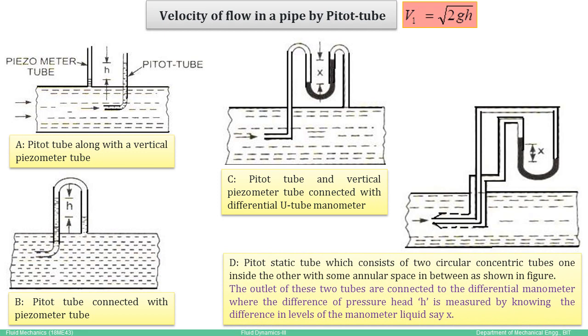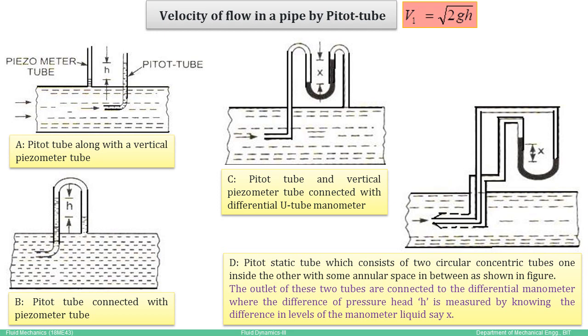And lastly, this is a much more complex but more accurate arrangement, which consists of two circular concentric tubes, one inside the other, with some annular space between each other, and the outlets of these tubes are connected to a differential manometer, where the pressure head is measured by the difference in levels, say X. So if you can see the openings here, that opening will give you the static pressure.